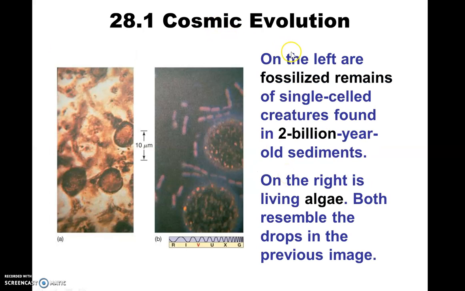All right, and so this is what I mentioned about the evidence that we have for life forming. And remember, this is on an extremely small scale, right? We even need electron microscopes to see this small of a scale.